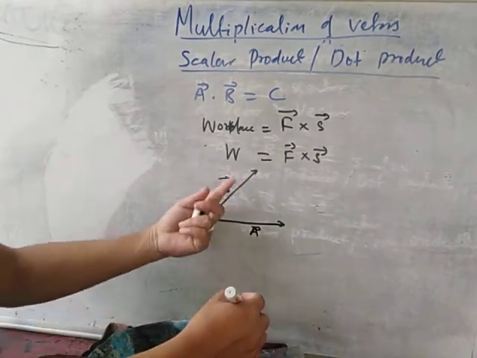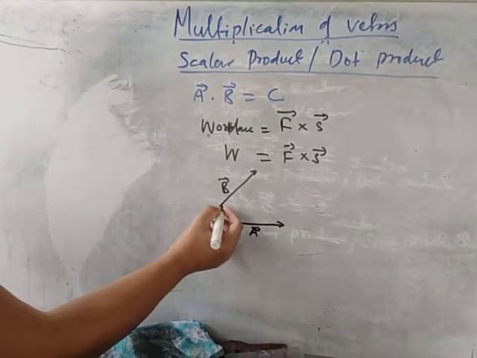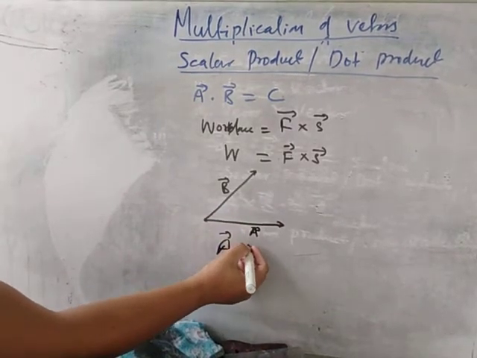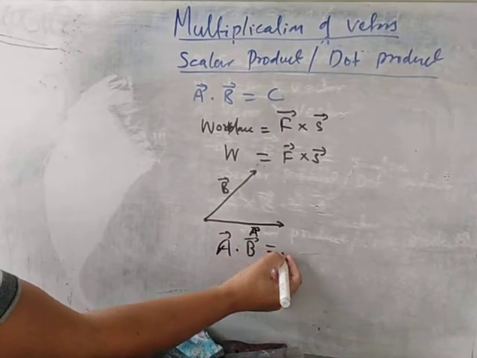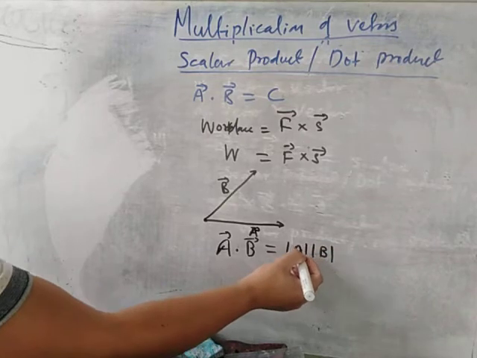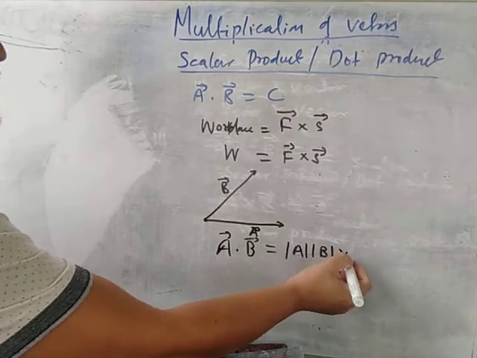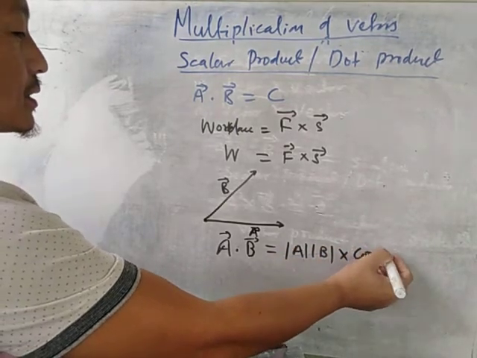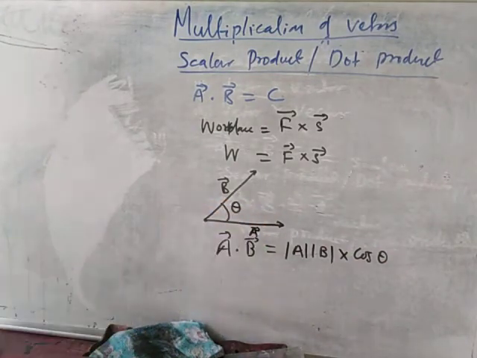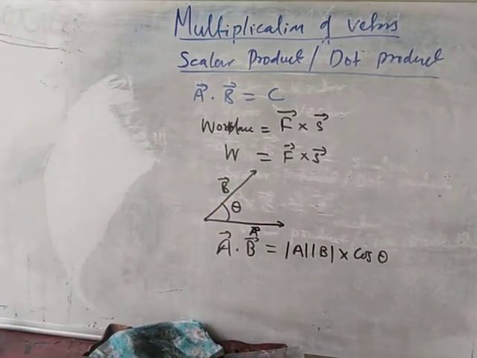So that is the displacement. Then A dot B equals to how much? Mode of A, mode of B, into cos theta, where theta is the angle between the given vectors.